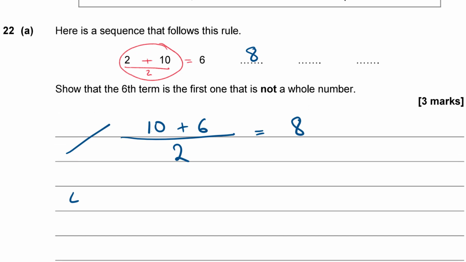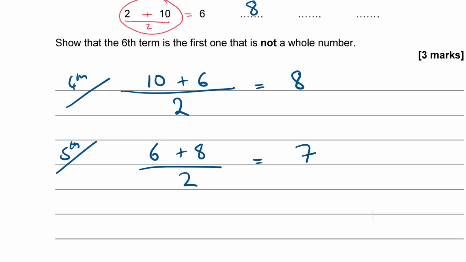Not our third. So our fifth number is going to be 6 plus 8 divided by 2. 6 plus 8 is 14, and 14 divided by 2 is 7. So again, that is a whole number.